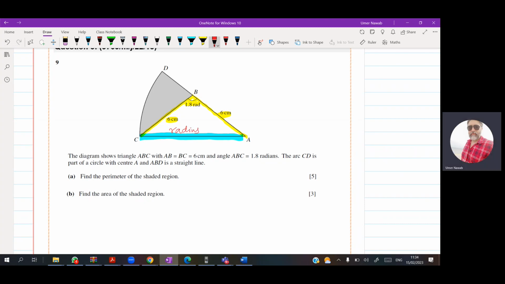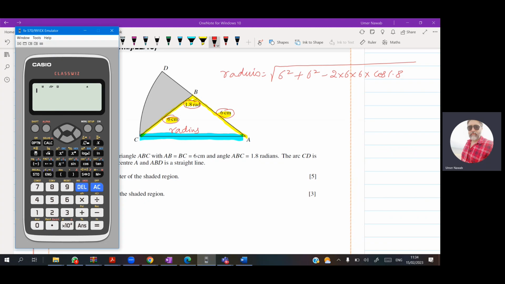Shall we use our IGCSE knowledge? The answer is yes. Mr. Omar, I have the two sides and I have the included angle. So the radius will be found by using the cosine rule, which is 6 squared plus 6 squared minus 2 times 6 times 6 times cosine of the angle 1.8. Go to the calculator and write it to 4 significant figures.